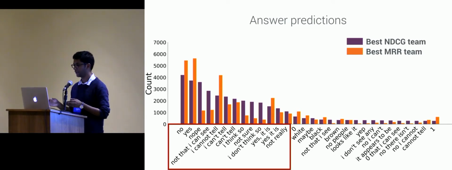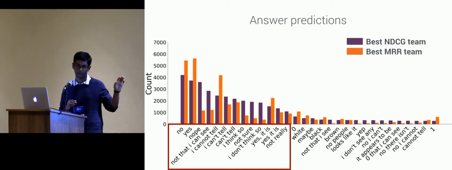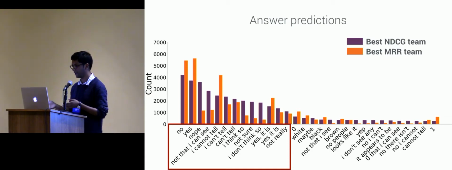The best team according to NDCG has a much more diffuse distribution. It learns to place its weight on multiple answers that can mean similar things. For example, I cannot tell, I can't tell, I think so, not sure, I don't think so, yes it is without the comma, yes, and so on.